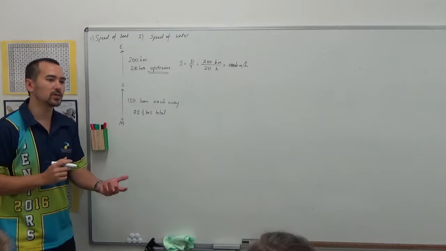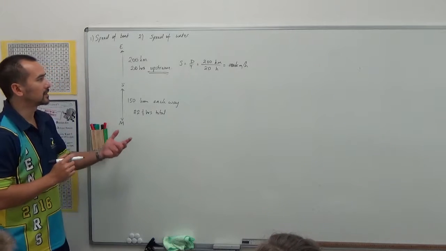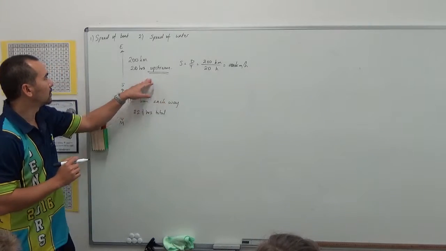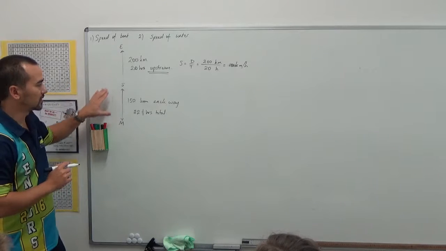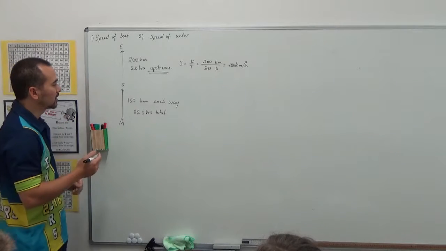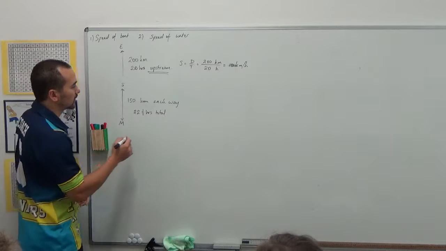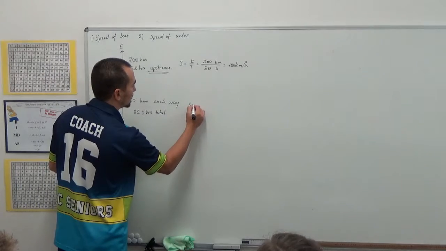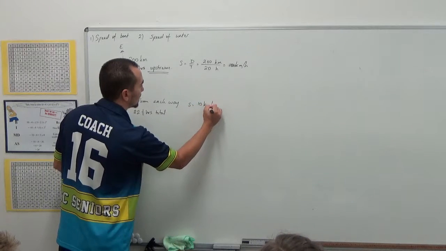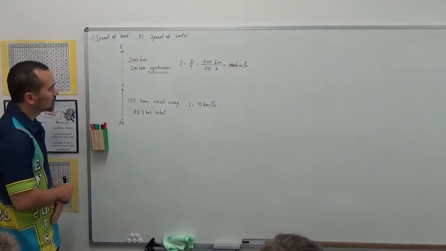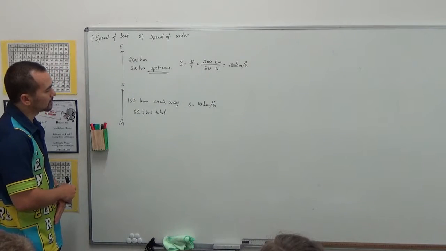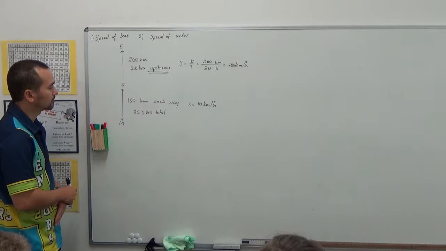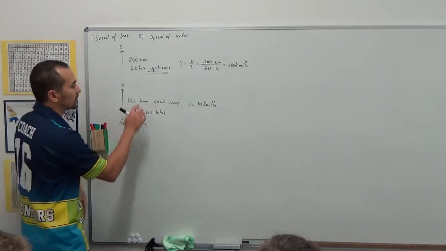So can we assume that the boat going 10 kilometers upstream applies up here as well as down here? Yeah. It is an assumption, but we'll say that the speed going upstream is still 10 kilometers an hour. So we can calculate the time, because we have the distance.